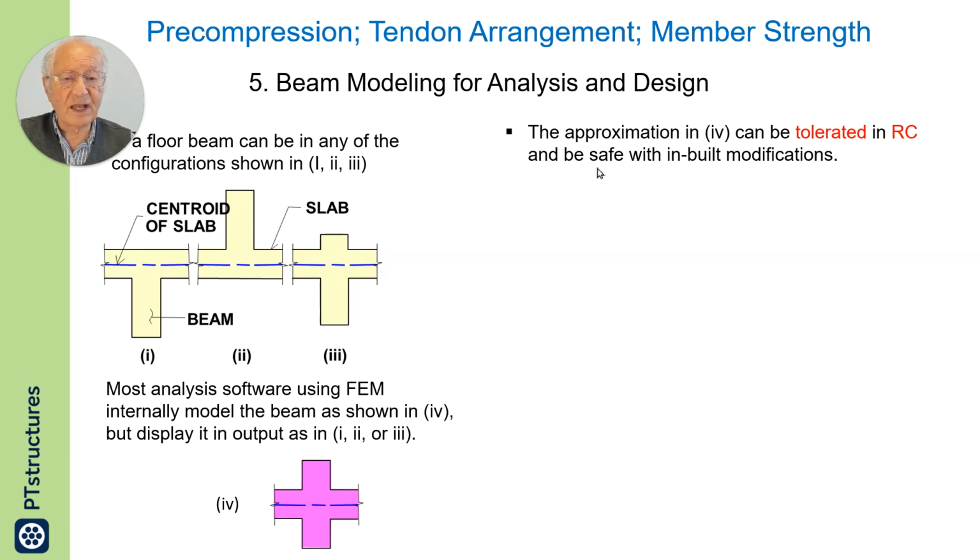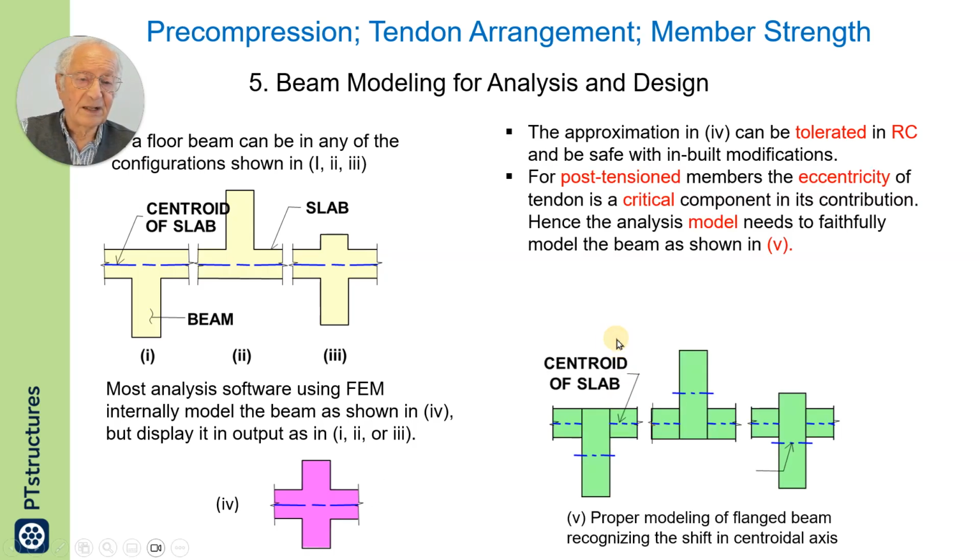That means your design could be safe if this is what you assume and you have conventionally reinforced concrete, but not in post-tensioning. For post-tensioned members, the eccentricity of the tendon is a critical component in its contribution in bending.